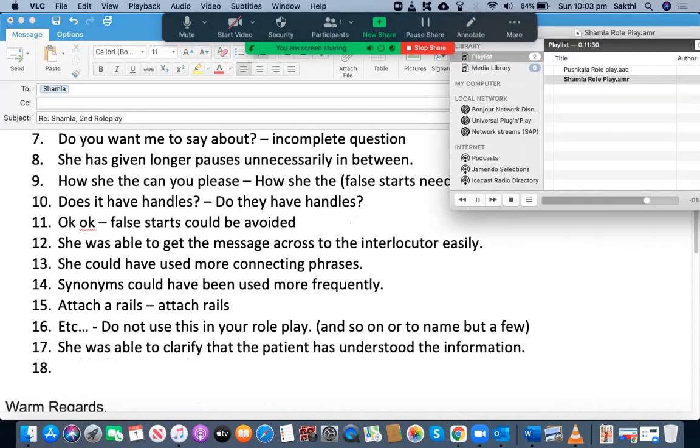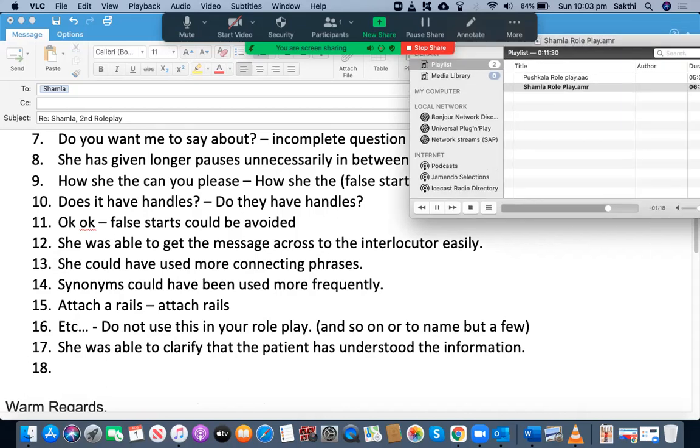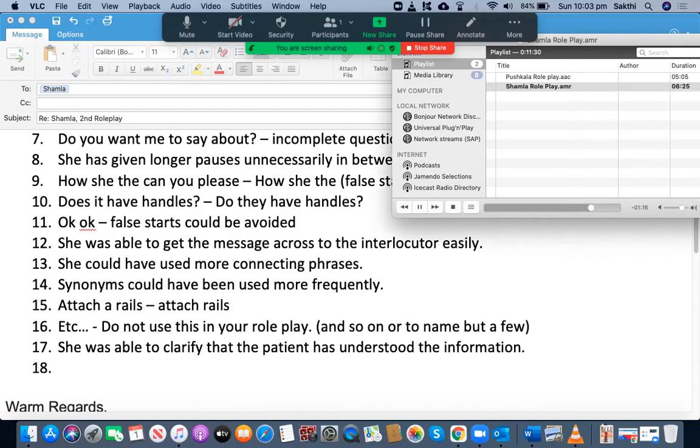Finally, I would like you to make the walkways clear. It should be spacious and she can walk around without falling. And doctor, is she using a wheelchair, Miss Nivi? Unfortunately, she has already crossed 5 minutes, because the duration of this role play is 6 minutes and 25 seconds.